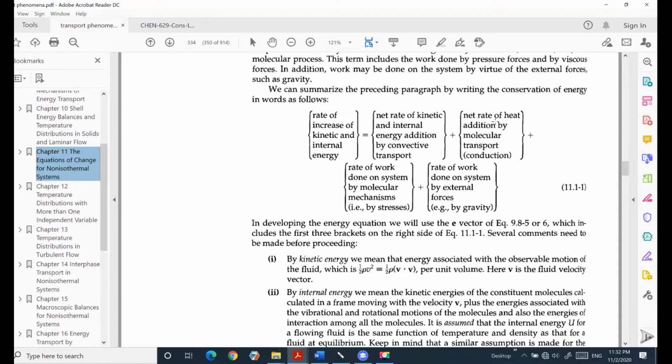Another term is the net rate of heat addition by molecular transport, in other words conduction. Another one is the rate of work done on the system by molecular mechanisms like stresses and total stresses. And the final one is the rate of work done on the system by external forces like gravity. Here, we don't consider radiation in the book.